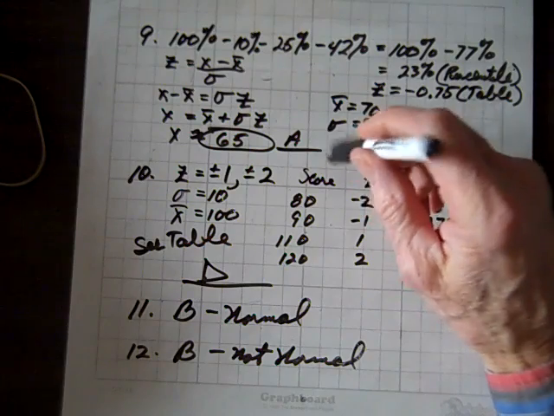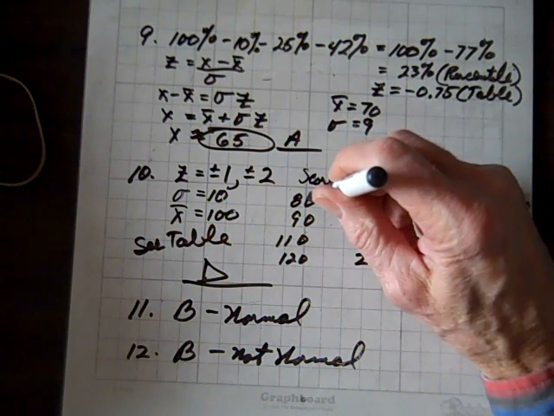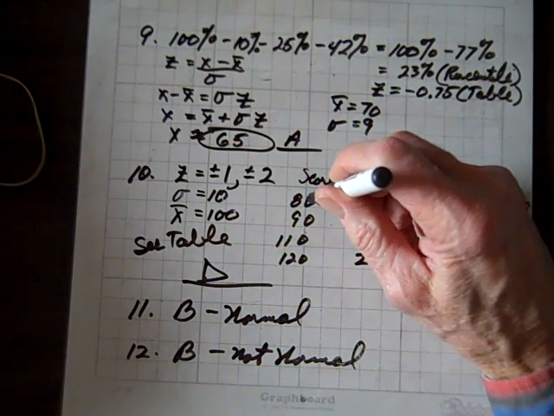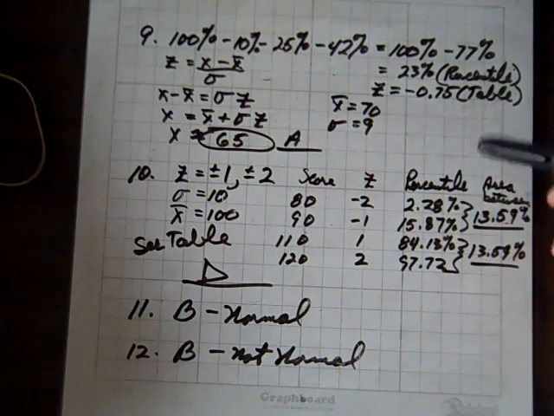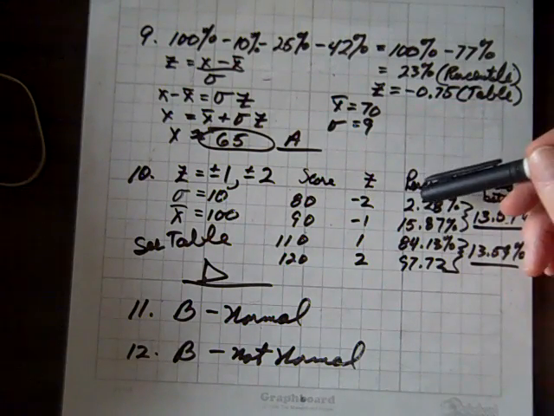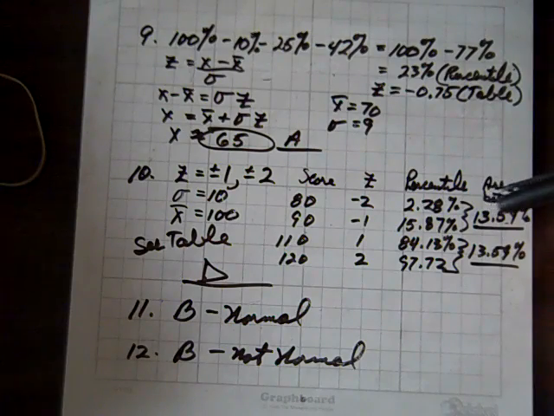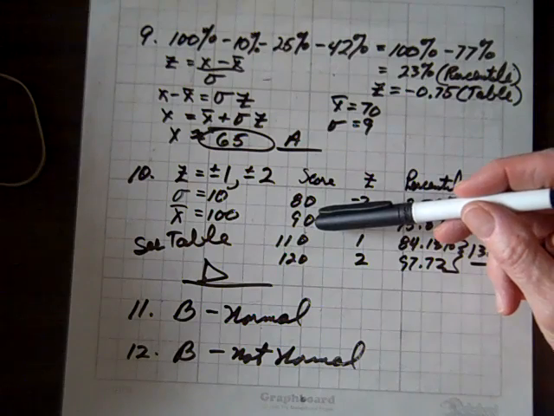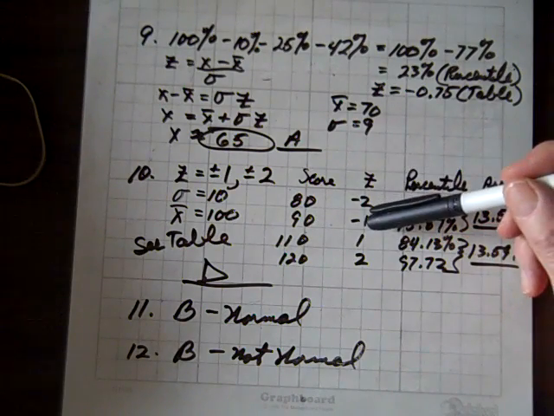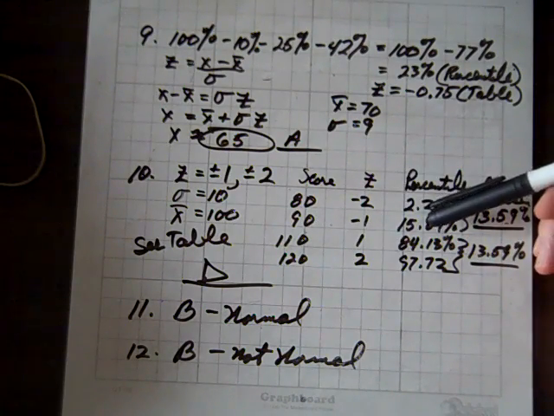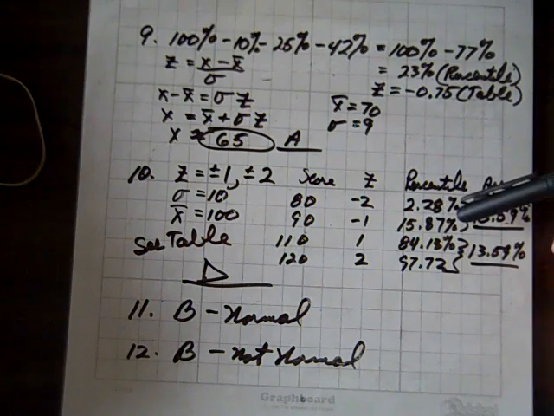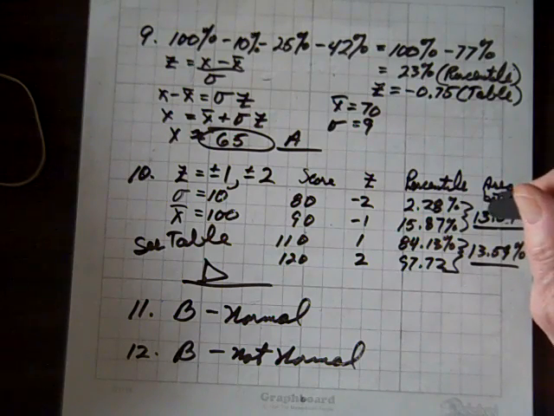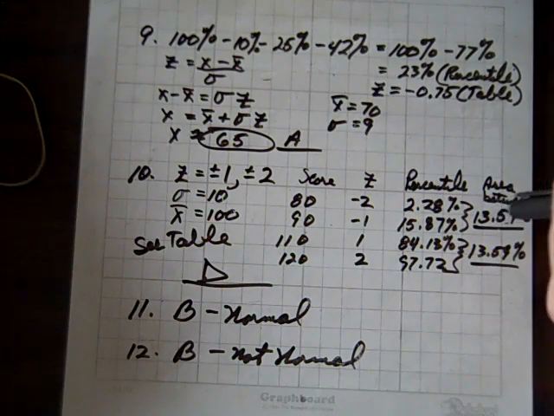And so if we're given a score of 80, that's 2 standard deviations below. So z is -2 and the percentile is 2.28. Please go to the table. If the score on the test is 90, then z would be -1, and the corresponding percentile is 15.87. And the difference between these two, the area between these two in terms of percentile, is 13.59.